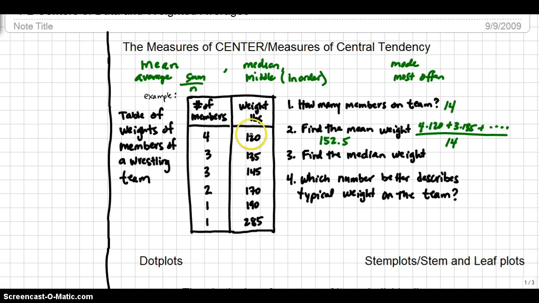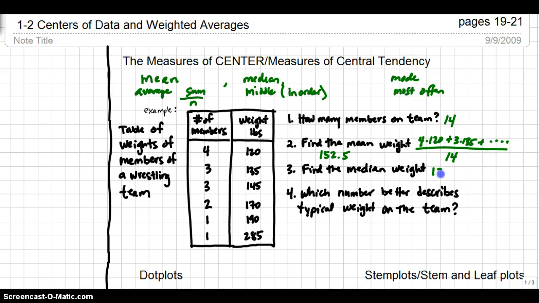The first 4 people that are the lowest weight on the team are 120, so that's 4. The next 3 would be 7, and then the 8th person would be here. So to find the median weight, we would add 135 plus 145, and then we would divide by 2. And when we're done there, we get 140.